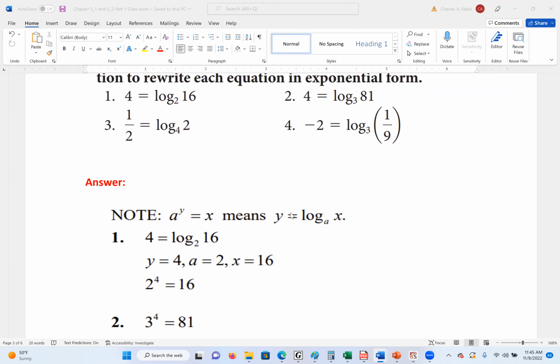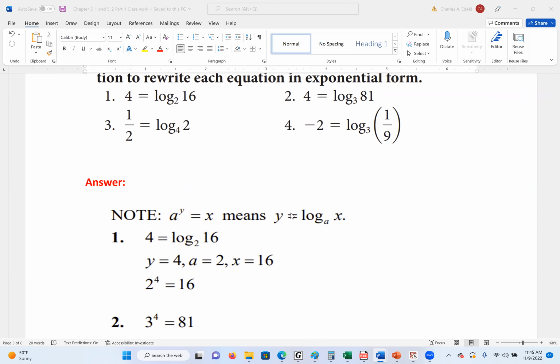Then let's see the next question. Here they say for the problems from 5 to 14, we're going to solve for x by writing the equation in exponential form. So here we decided to choose the first 10 questions. So let's look at question number 5. We have log base 3 of x equal to 4.